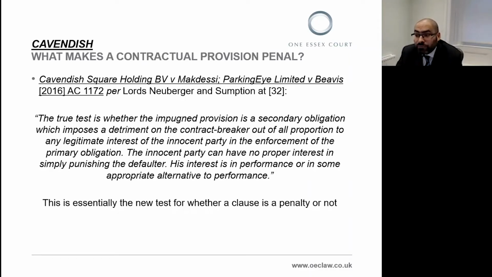The innocent party can have no proper interest in simply punishing the defaulter. His interest is in performance or in some appropriate alternative to performance. That is essentially the new test for whether a clause is a penalty or not. And if you take only one thing away from this talk, then it should be this passage.